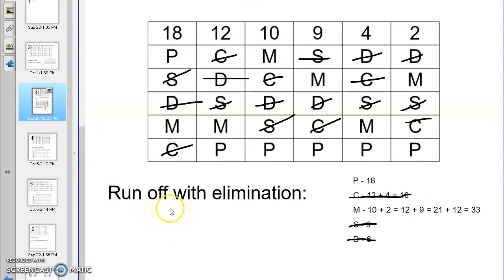So now my winner by runoff with elimination is simply M with the score of 33.